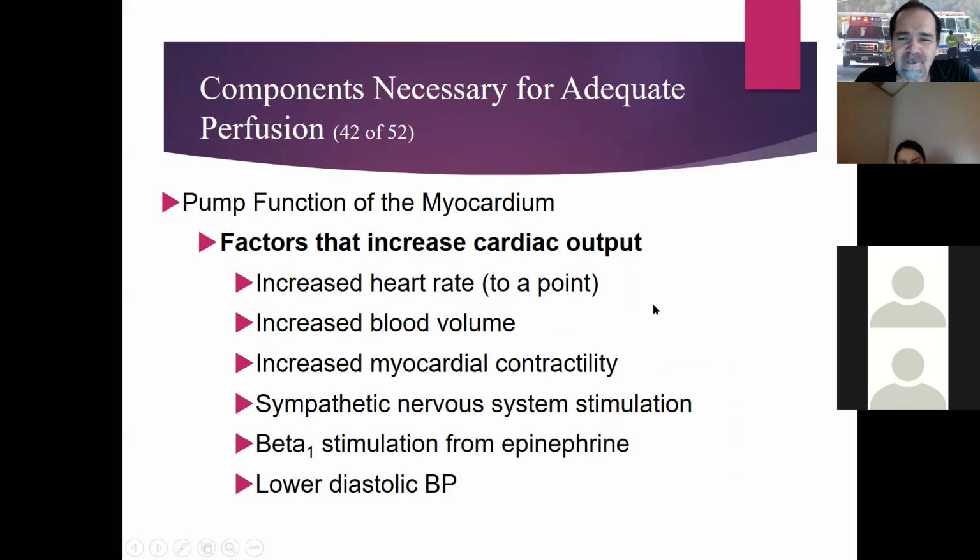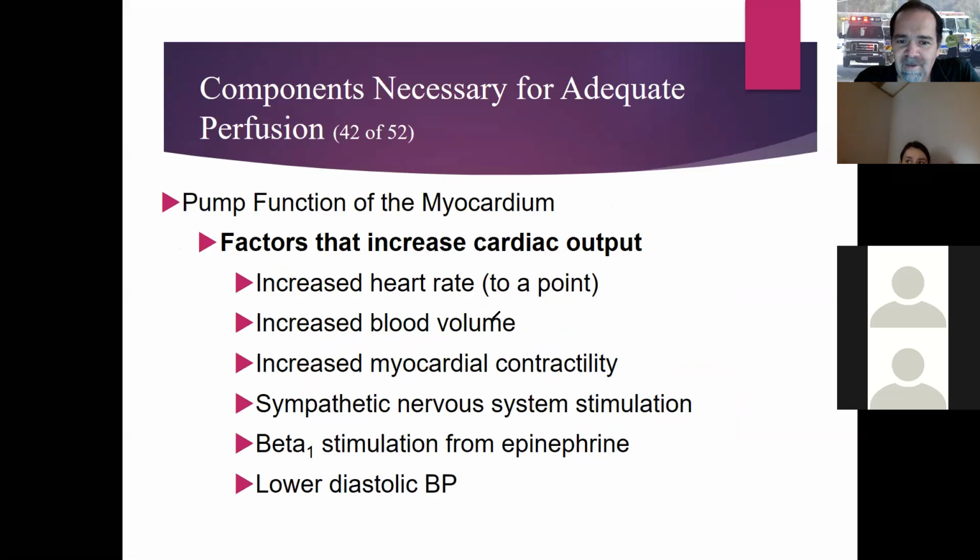So, the factors that increase cardiac output. What can actually increase it, for you to get a normal or above normal blood coming out of your heart? Well, you increase the heart rate. If you rev up the engine, then you increase the cardiac output.